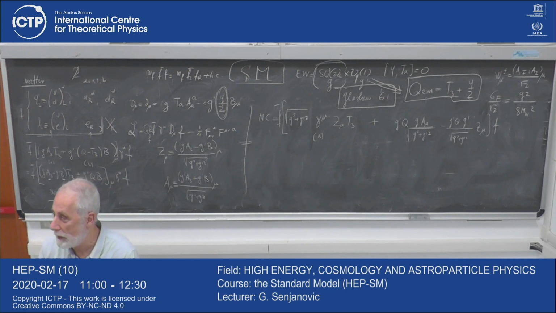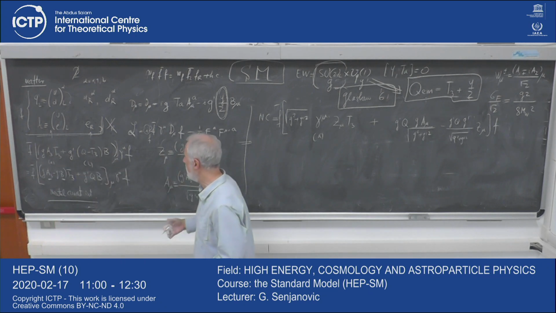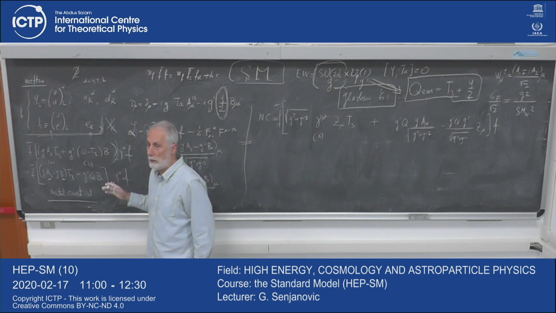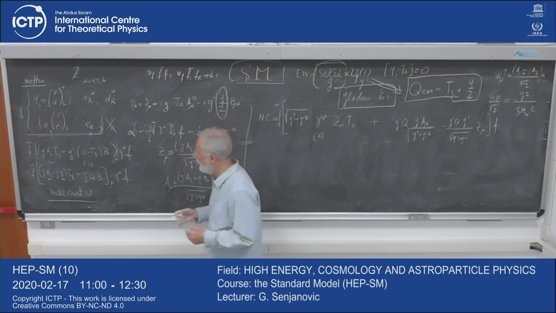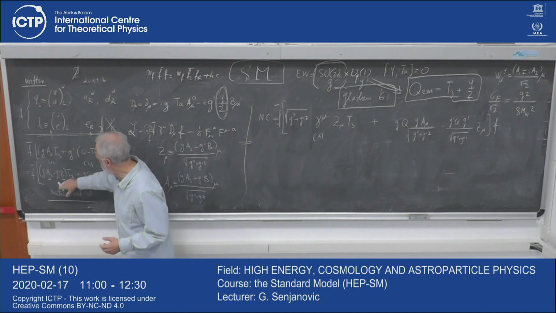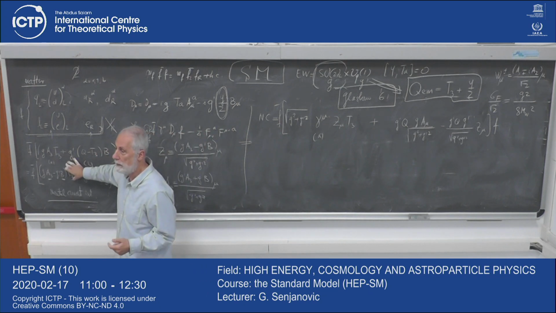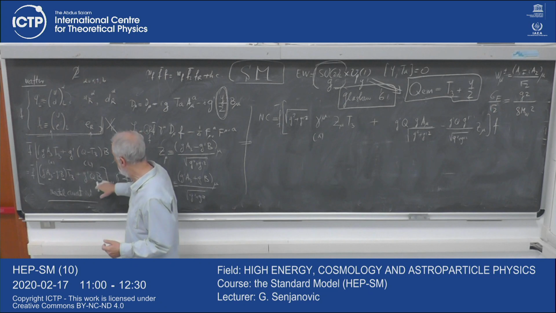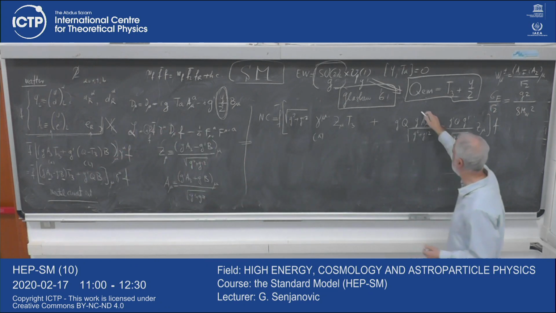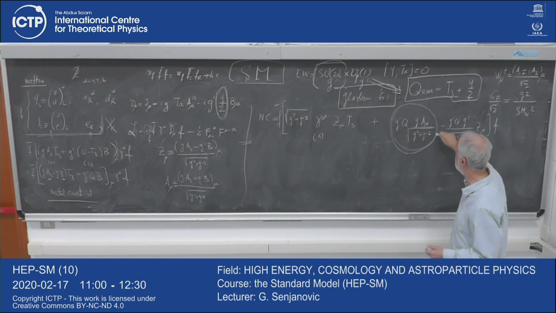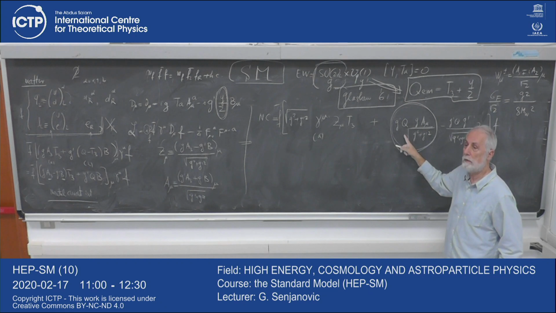It has to contain QED. So I'm Glashow in 1961, and I say there must be a photon in the theory. That's what my theory is all about. Therefore, this guy here is not a photon. But the photon will have to be coupled. And you see, it's working nicely. This is my photon. It's coupling to charge.